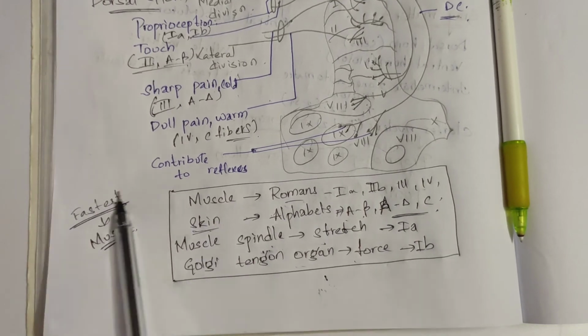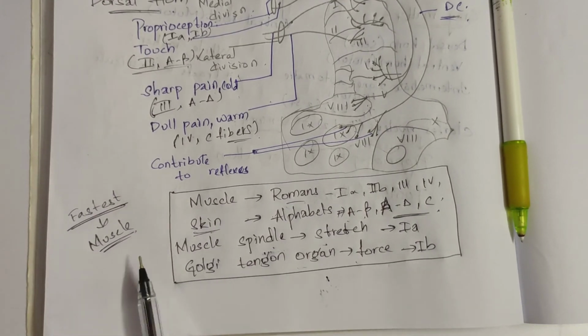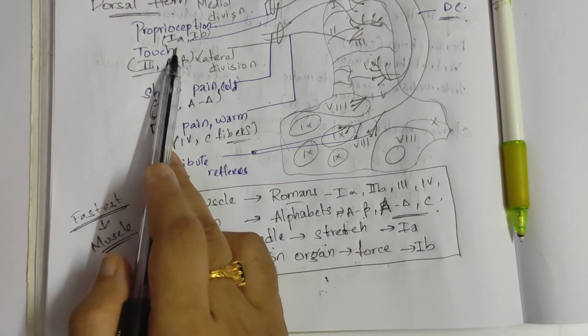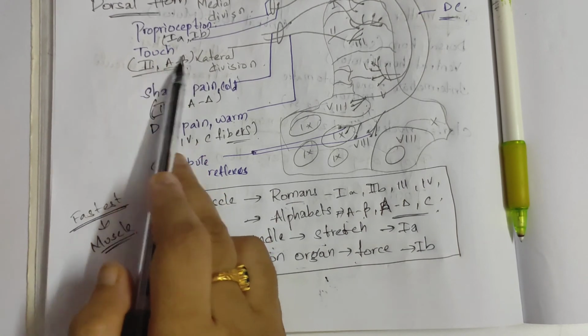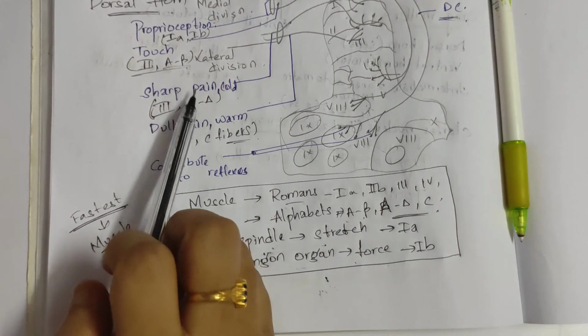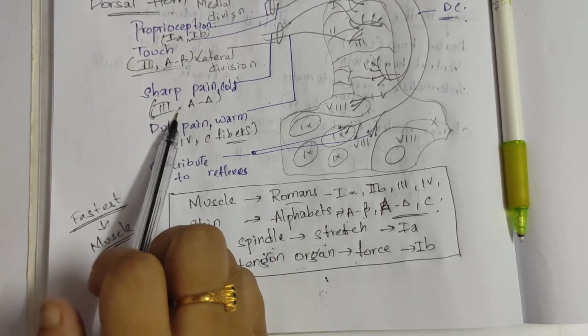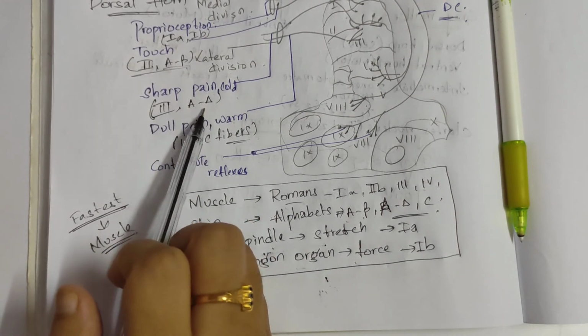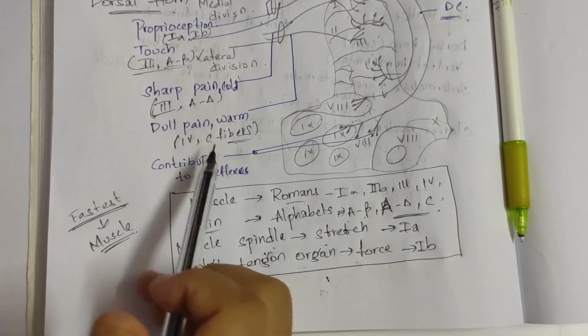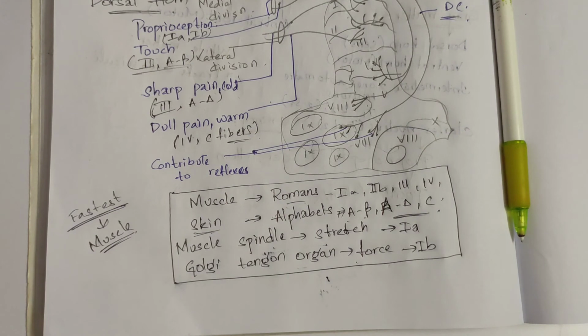The fastest neurons here are muscle spindle receptors. Proprioception is 1A and 1B, touch is 2 and A beta, sharp pain and cold is 3 and A delta, and dull pain and warmth is 4 and C fibers.